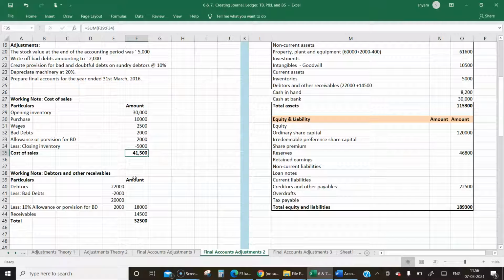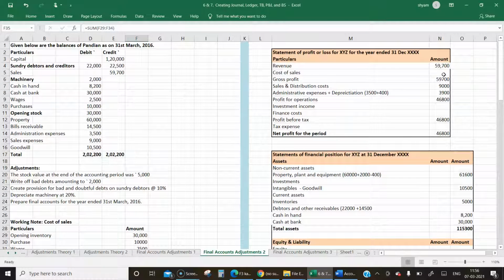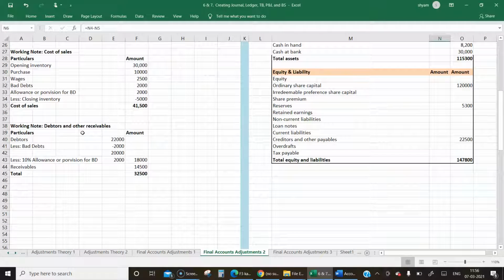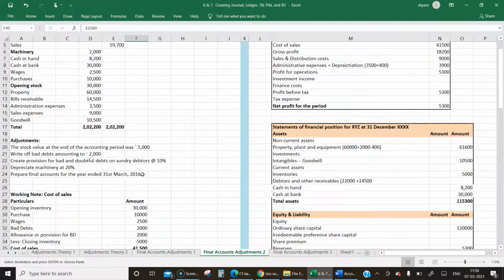The cost of sales account comes to 41,500. So I'll put it here. And the debtors and other receivables account comes to 32,500. So that we'll take and put it here.